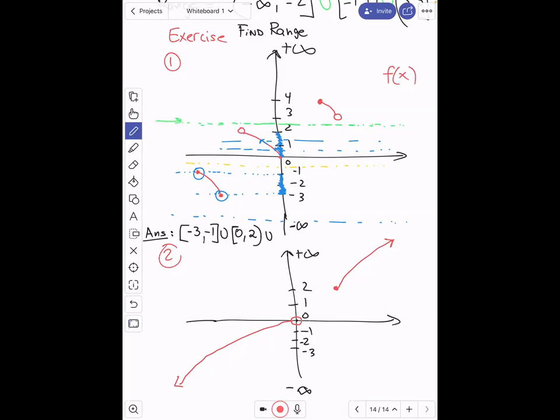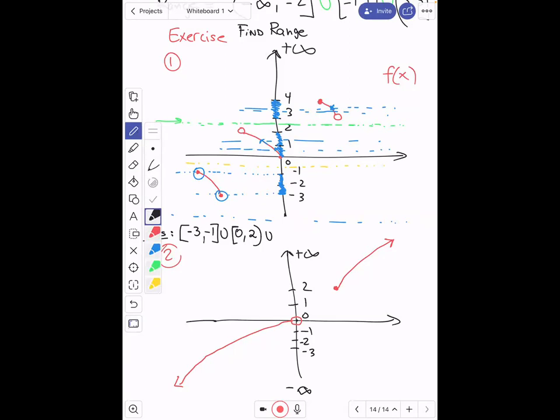And then between 3 and 4, if you take a horizontal line between 3 and 4, you're going to have an intersection right here. So this interval between 3 and 4 would be my third interval in the range. So union 3, 4. I'll just erase this right here.